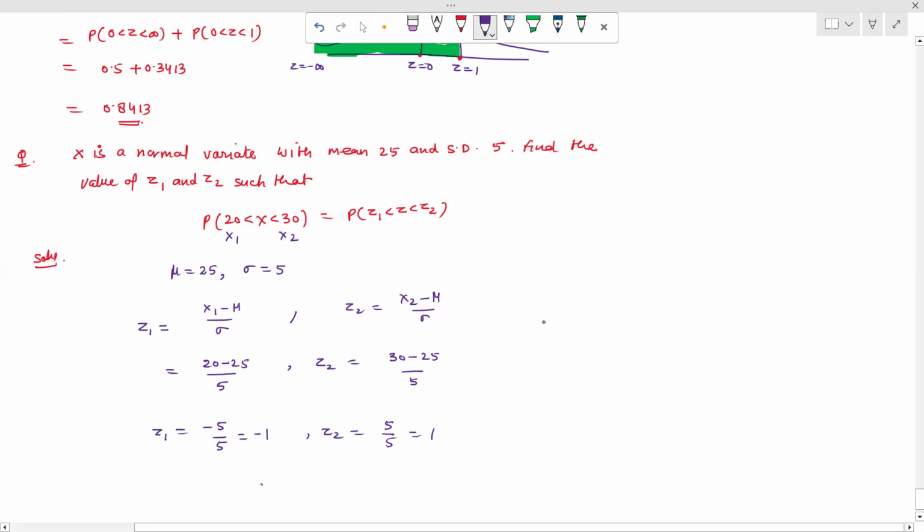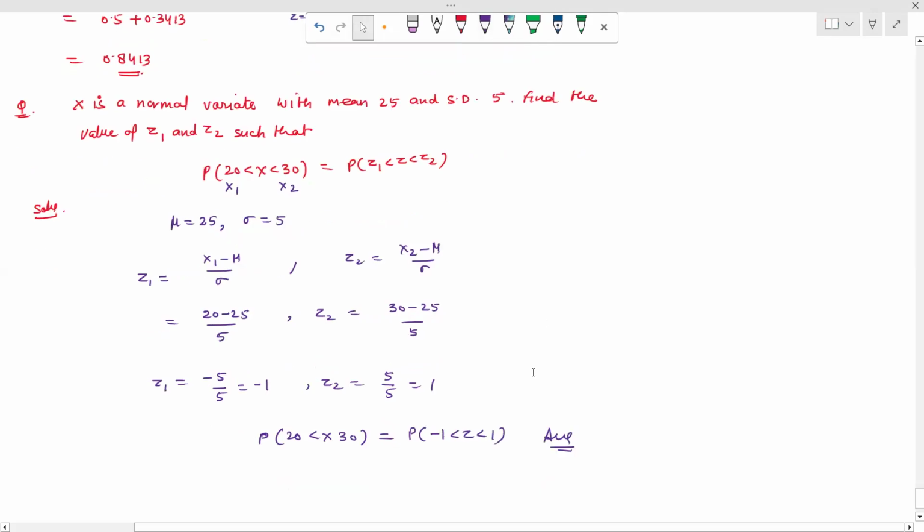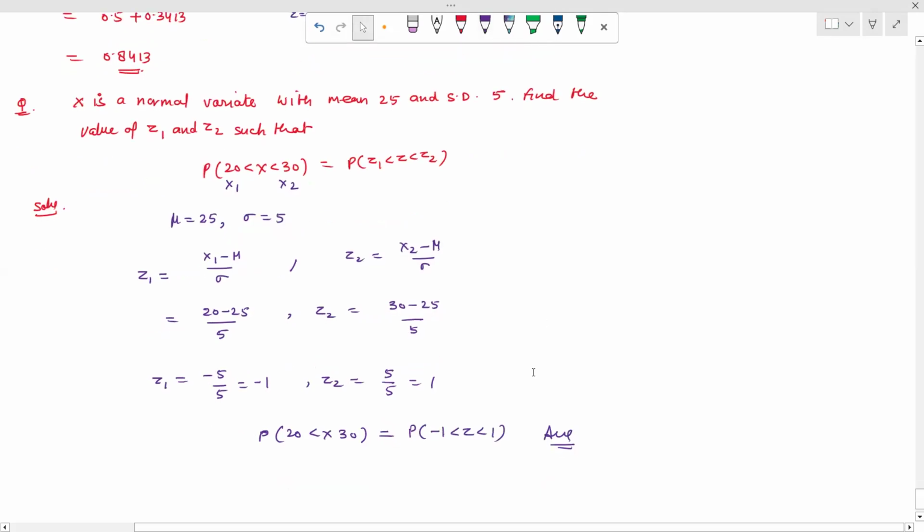So we can write down that the probability p for random variable x which lies between 20 to 30 is equal to p of -1 < z < +1. So this is our answer. So we just convert x score to standard normal score z. Now we take one more problem related to normal distribution.